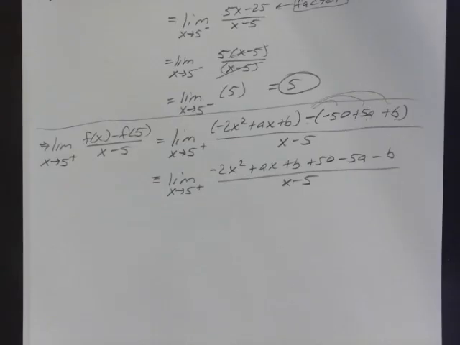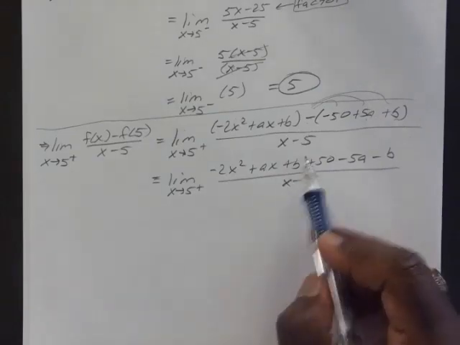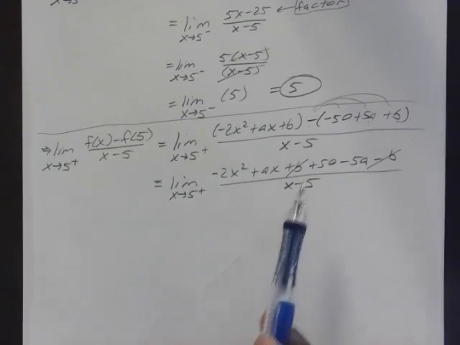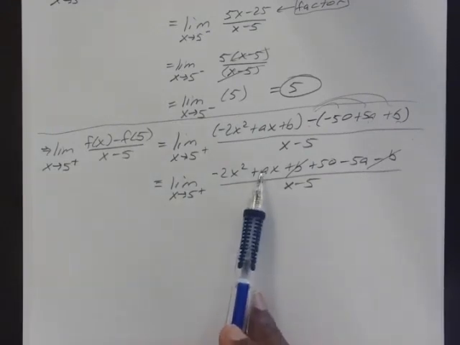Now this is the helpful part because you have plus b and minus b, so that b disappears. We can always go back and solve for it, but it helps us because now we only have to worry about the a.